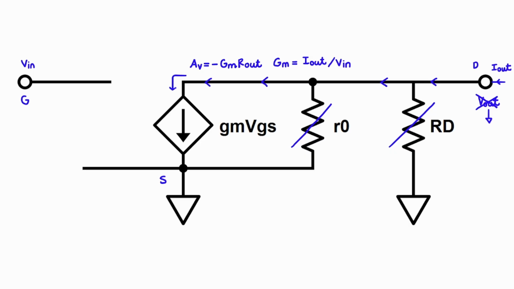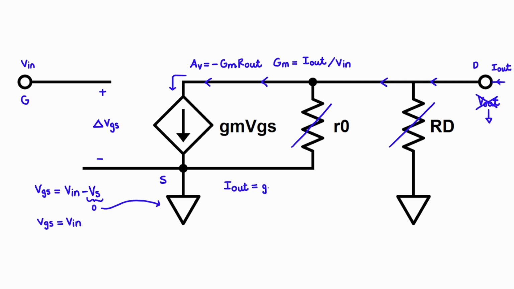We then reach our ideal current source, which is dependent on the gate to source voltage. VGS is equal to Vin minus 0 because the voltage at the source is grounded. This means our MOSFET is conducting in saturation and our current has made a full path through our circuit.